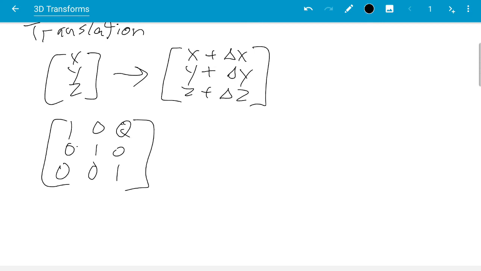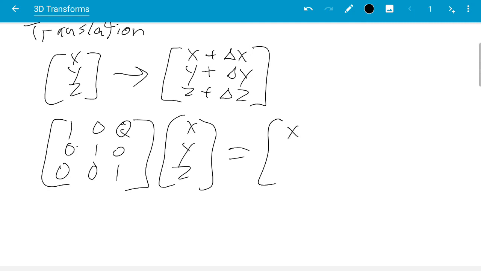We're going to end up with a vector. Let's multiply through, where we have x plus qz, y, and z.